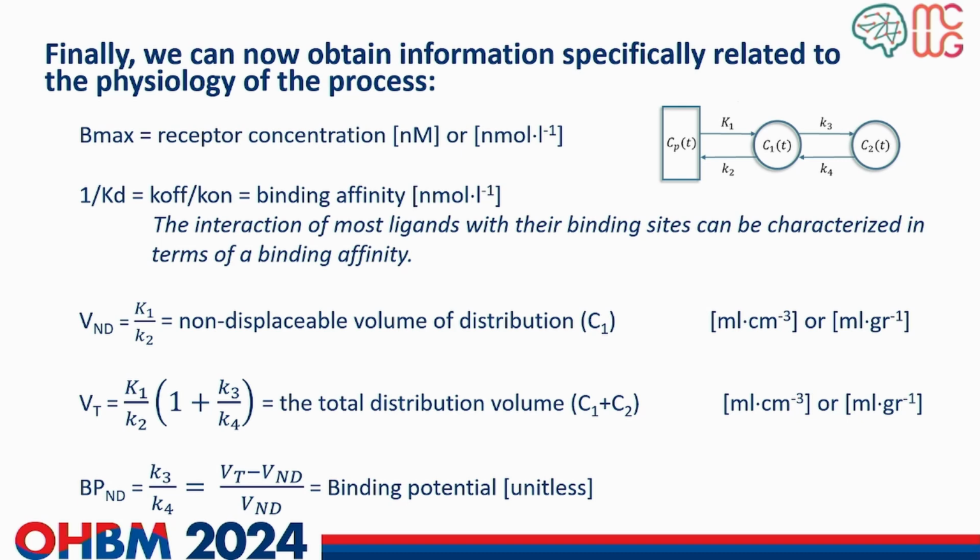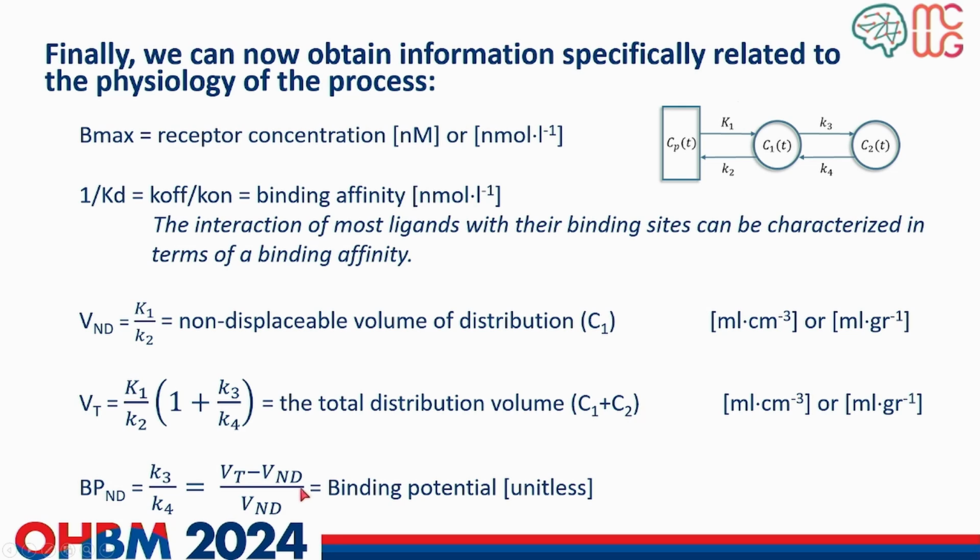For us, VND means the volume occupied by the tracer in this first compartment, while VT, the total, is the volume occupied here and here by the tracer. So a PET map of VND is different from a PET map representing VT. The physiological information inside is different.